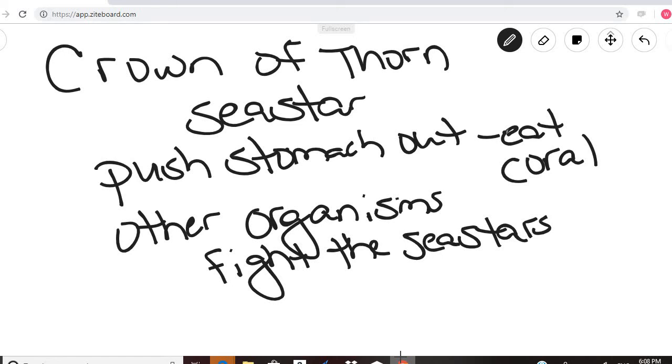So that relationship between the coral and these other organisms helps to prevent the crown of thorns sea star from overeating the coral and completely decimating a particular section of coral reef. So lots of symbiotic relationships within a coral reef. And we are going to stop there for module 11.